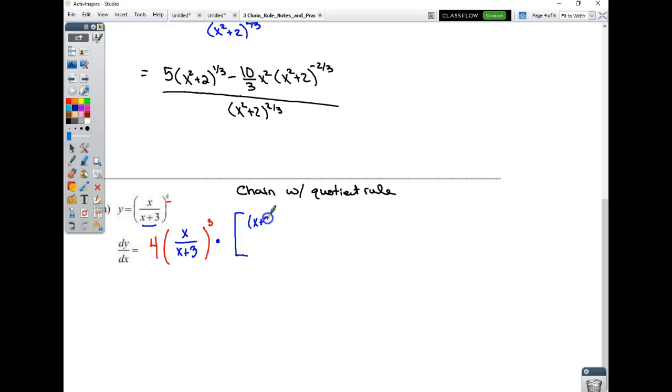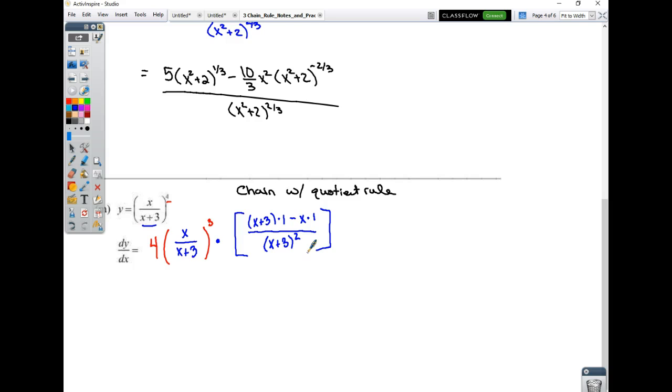What is that? x plus 3 times 1 minus... no, x times... all over... just use the quotient rule.